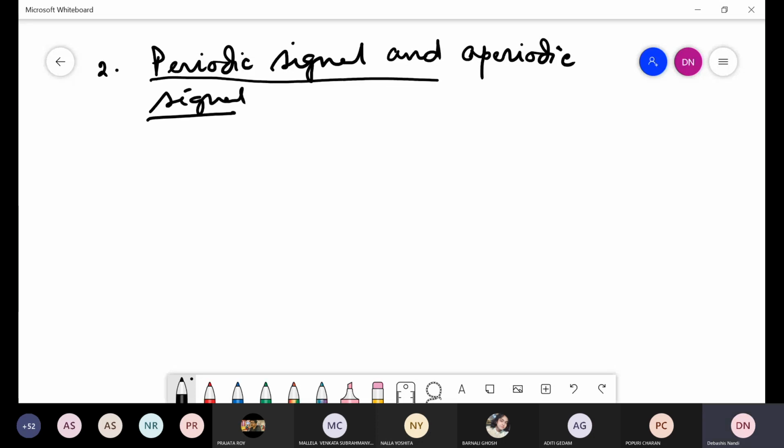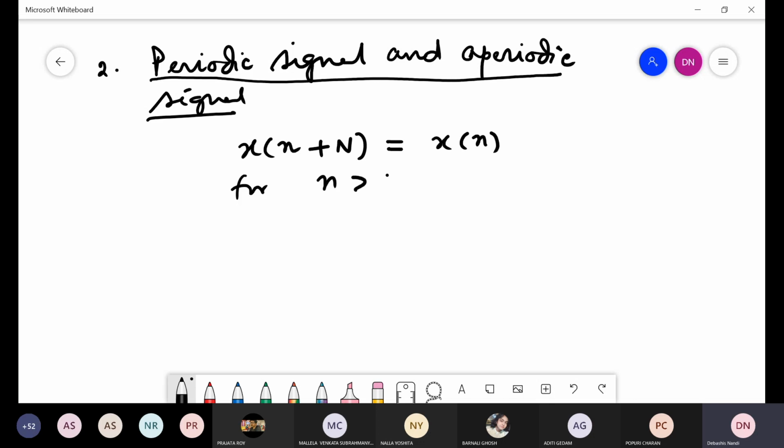Already I have discussed the definition and classification of periodic and aperiodic signals for continuous time signals, but here I have given an idea for discrete time signals also. A signal x[n] will be periodic if x[n plus N] is equal to x[n] for capital N greater than 0. N should not be 0.